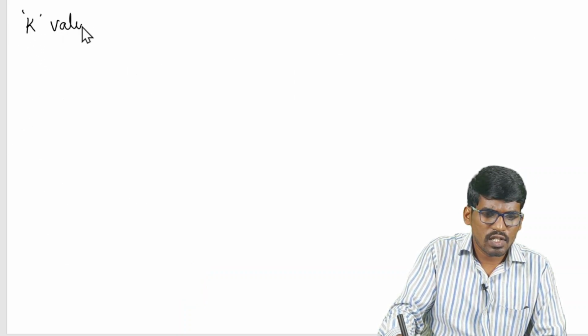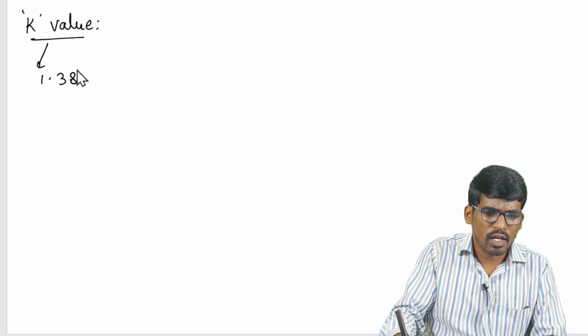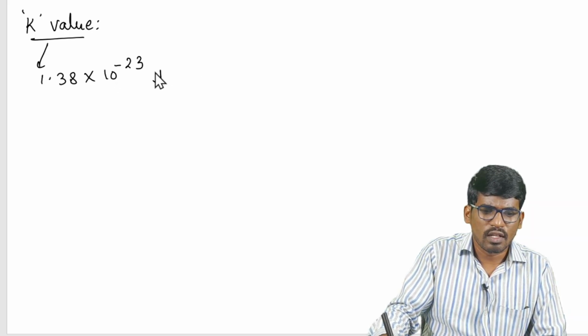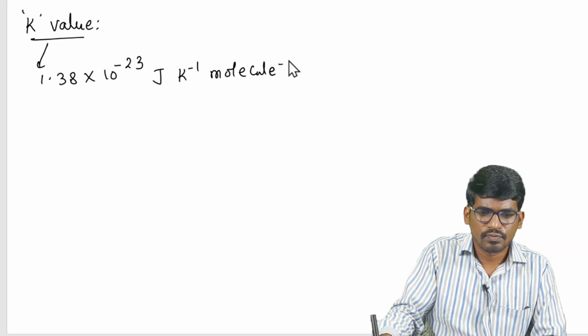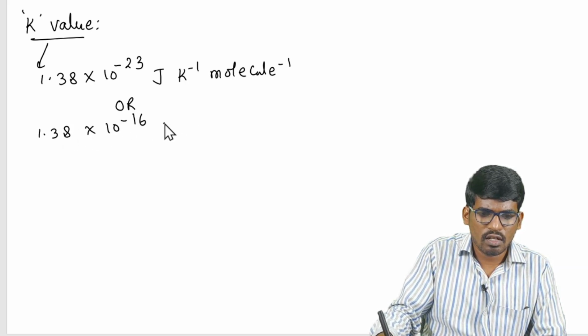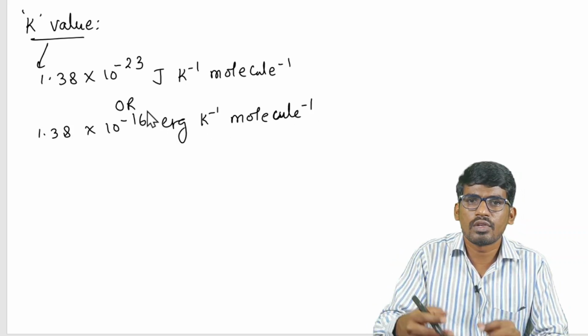And this K value, the Boltzmann's constant, can be given as 1.38 into 10 raised to minus 23 joule Kelvin inverse molecule inverse, or I can write it as 1.38 into 10 raised to minus 16 erg Kelvin inverse molecule inverse, because 1 joule is equal to 10 raised to 7 erg.